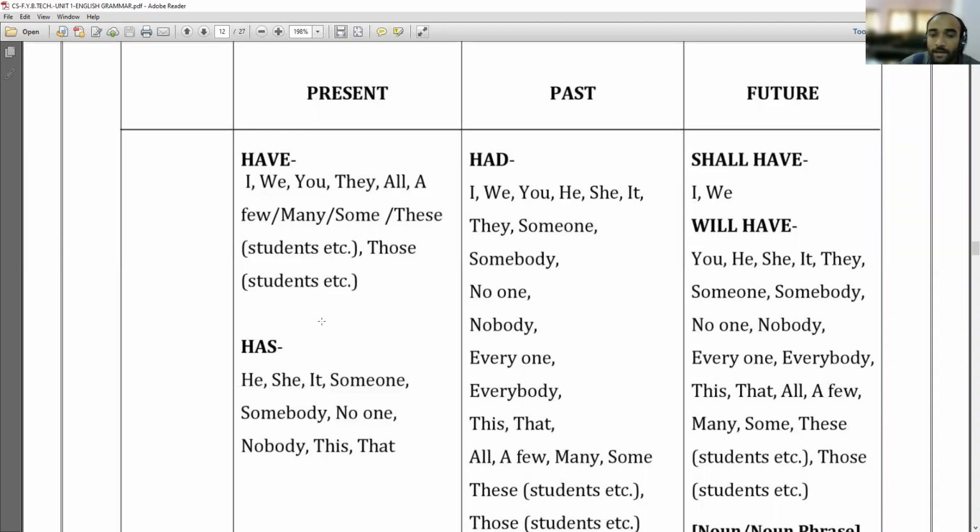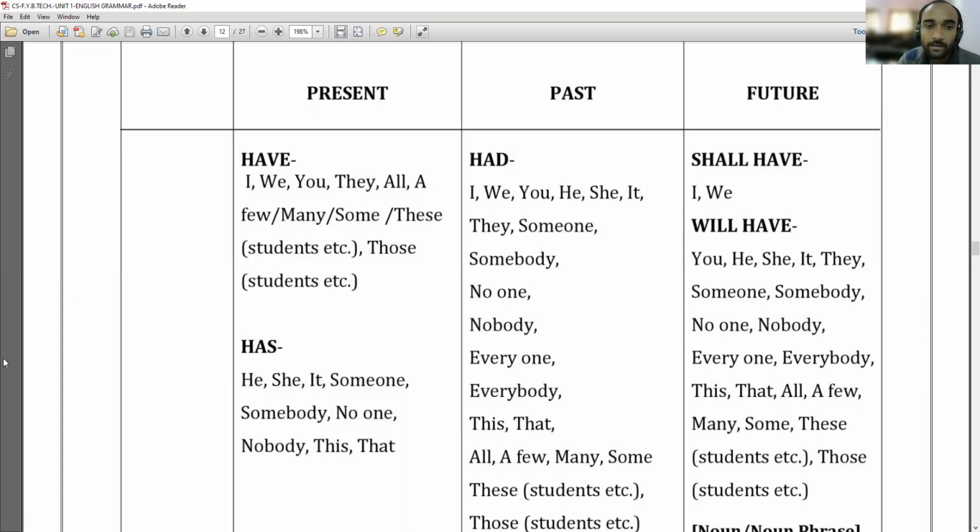So have and has, both of these primary auxiliary verbs, we use them for showing the possession or ownership in the present tense. Present tense मधले possession दाखवण्यासाठी किंवा ownership दाखवण्यासाठी आपण काय करतो तर have किंवा has चा यूज करतो.